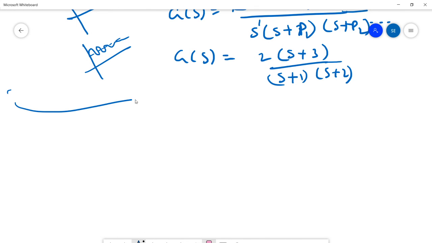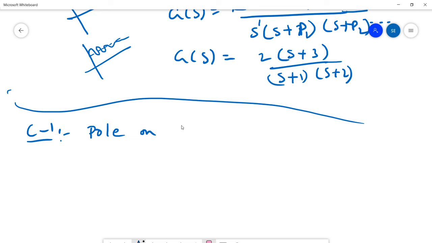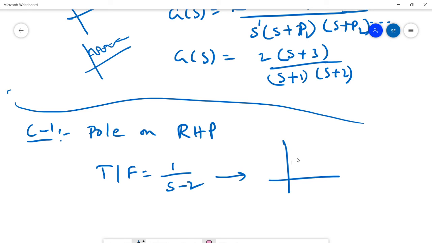Case one: pole on the RH plane, means pole on the right side. Consider a transfer function 1 by S minus 2. If you apply the inverse Laplace transform to this, you get e to the power of AT.